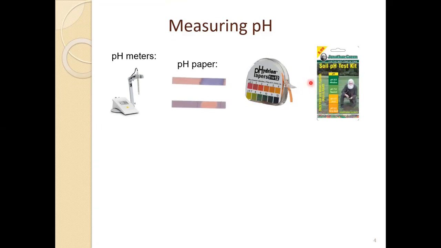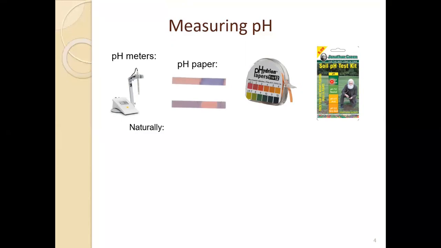Also, you can find a pH test kit where you follow the directions, it changes color, and based upon that color, that gives you an approximate idea as to what the pH of your soil is, and then you can amend it based upon what you're trying to accomplish with your soil. Some plants and bushes and trees like more acidic soils, more basic soils.